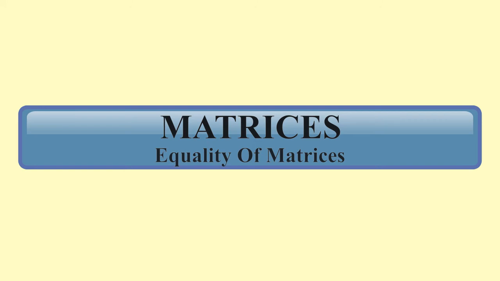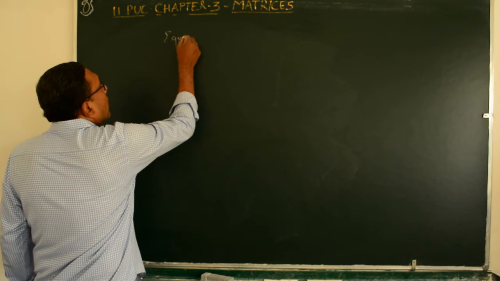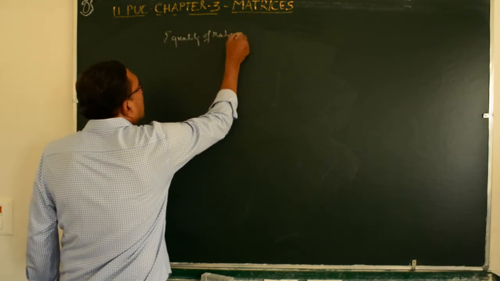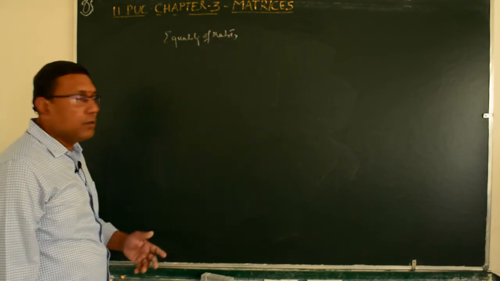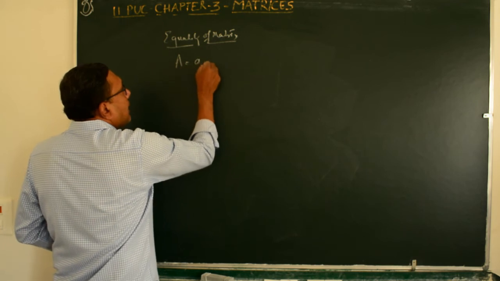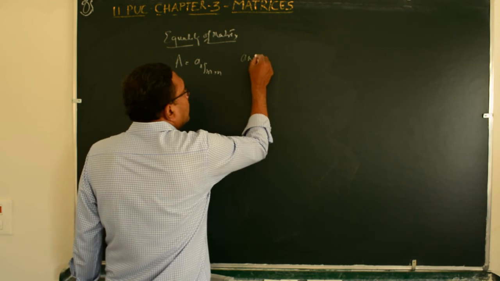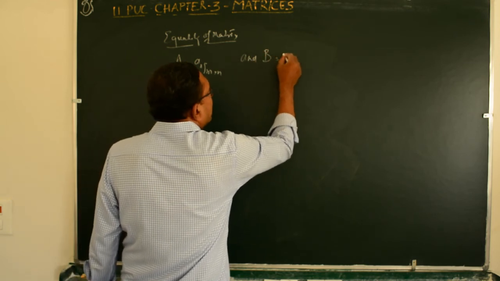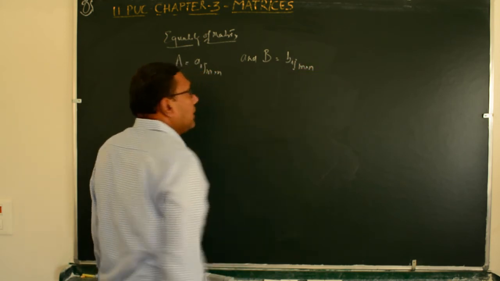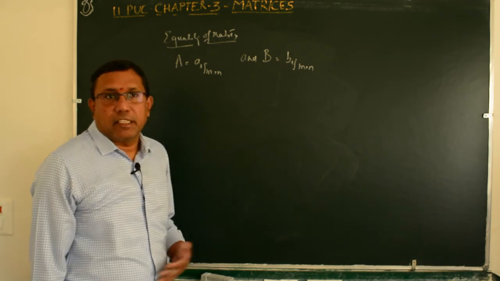Equality of matrix. Let us discuss equality of matrix. Assume that you have two matrices, A, which is Aij of order m cross n, and B, a matrix Bij of order m cross n. Then what is the equality of the matrix that we are discussing?